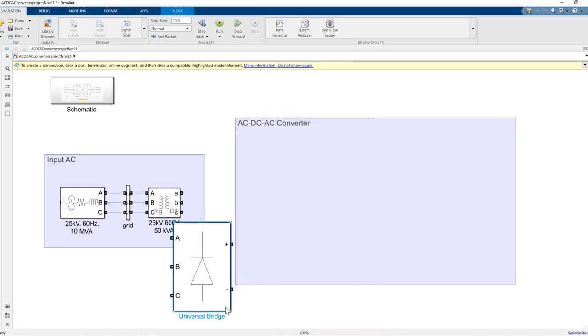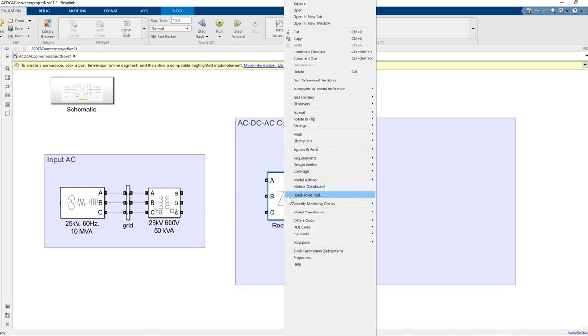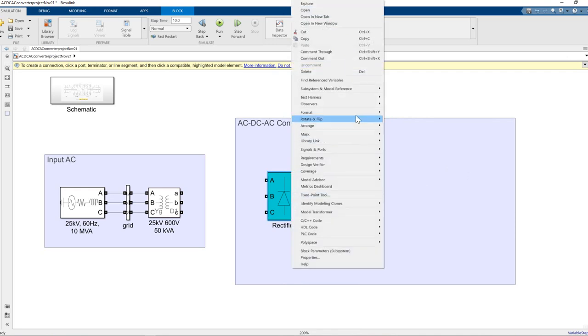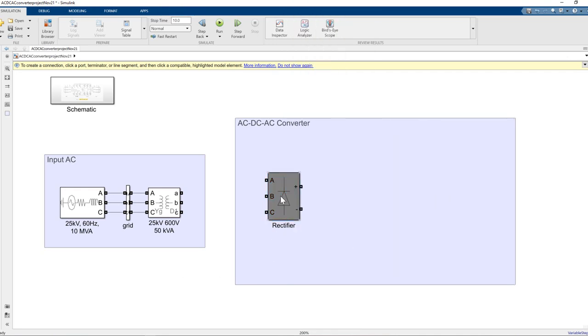Okay, and this one you can call the rectifier. Okay, and this one you can highlight it. Right, okay.